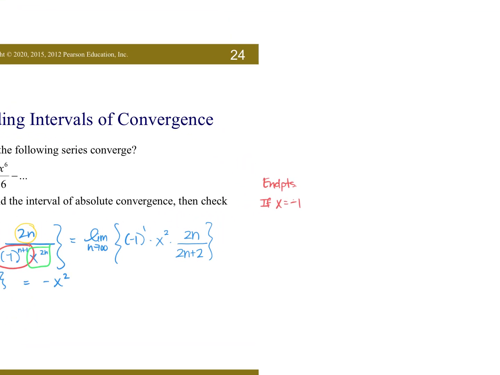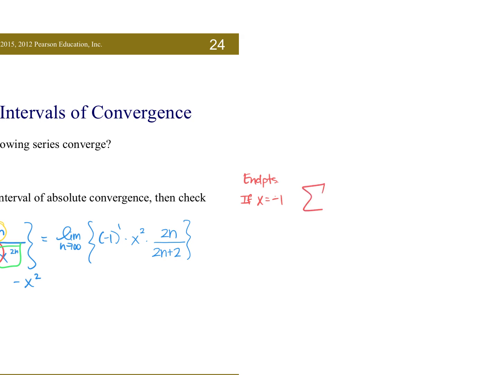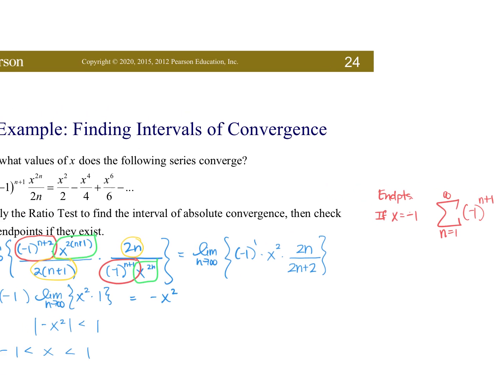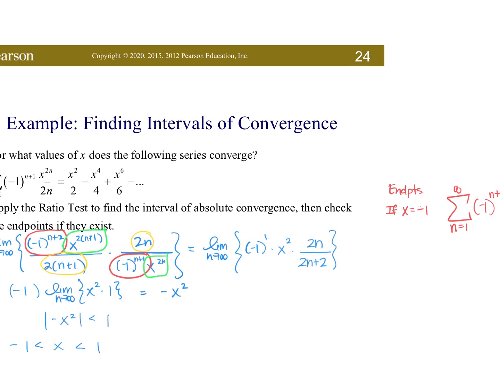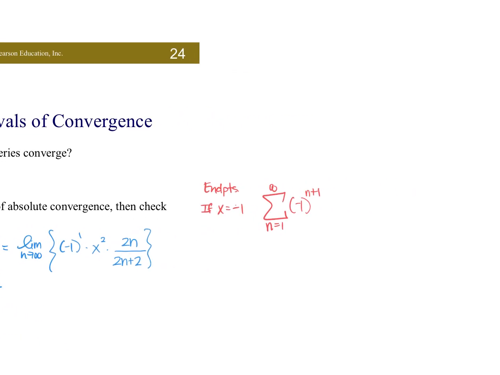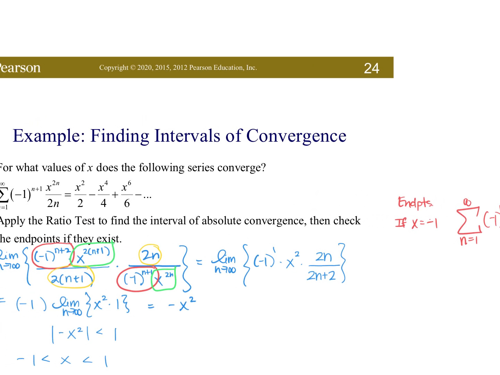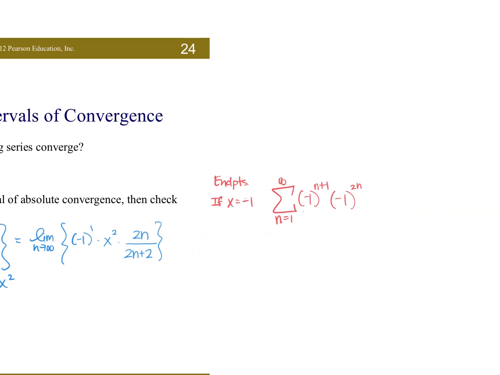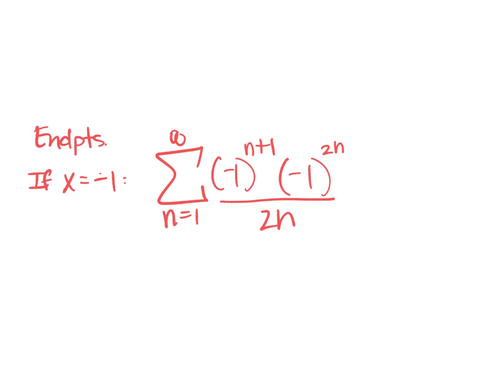So my power series is the sum as n goes from 1 to infinity of (-1)^(n+1), and then x is -1, so that would be (-1)^(2n). And then, did I have a denominator? Yeah, over 2n. So if x is -1, then I'm just going to plug -1 right in.